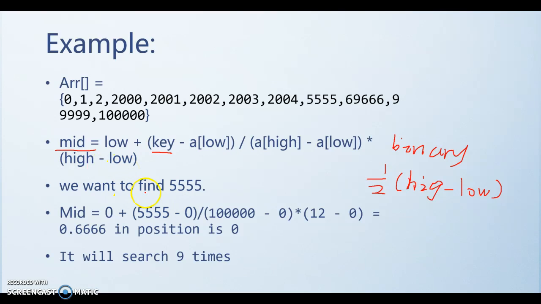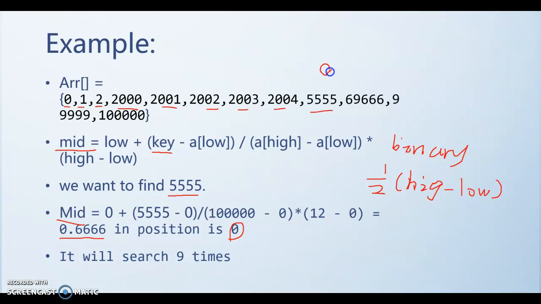So in this example, we want to find 5,555. The mid of this array is 0.66, and in this position we only have the integer, so we have 0, so the index is 0. So we count from index 0: 1, 2, 3, 4, 5, 6, 7, 8, 9.